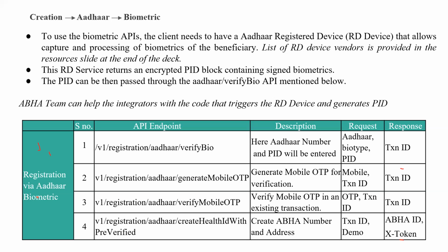Each of them would have their own Aadhaar numbers, Aadhaar card. So 4 Aadhaar cards would be used to create 4 Aadhaar numbers, because Aadhaar card to Aadhaar number is a 1-to-1 mapping.